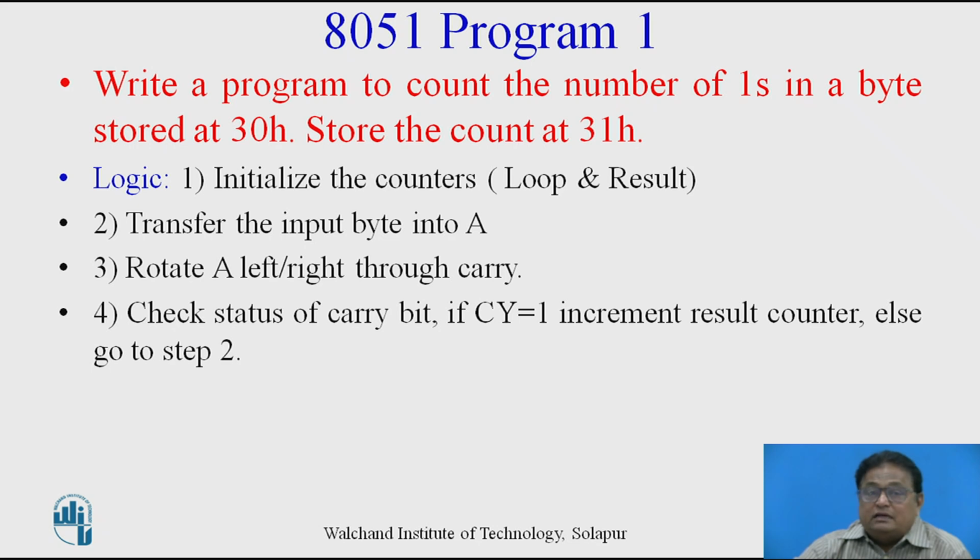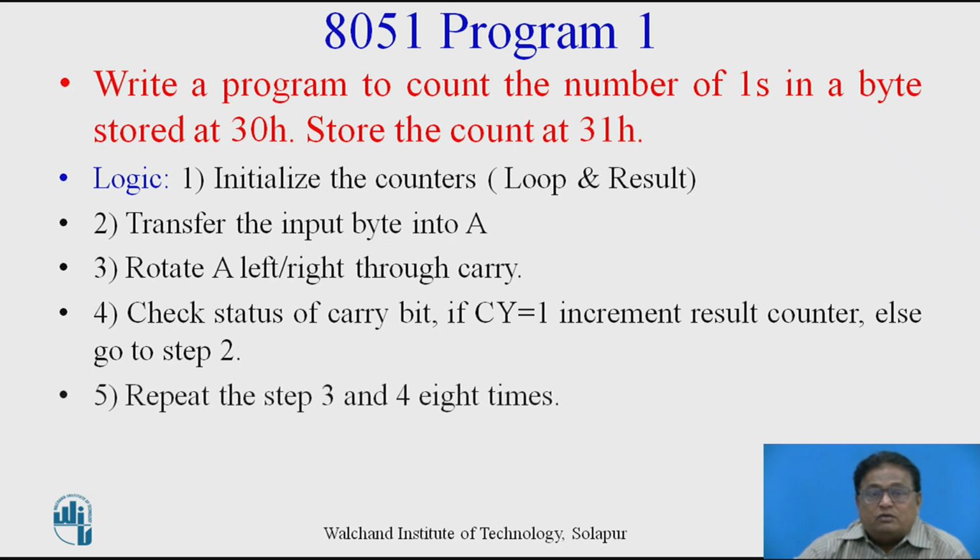Again take the next bit into the carry bit, and again check whether the carry is 1 or not. If carry is 1, increment the result counter. Now repeat steps 3 and 4 eight times. Why 8 times? Because our input number is a byte which contains 8 bits, so you check all the 8 bits for 1.